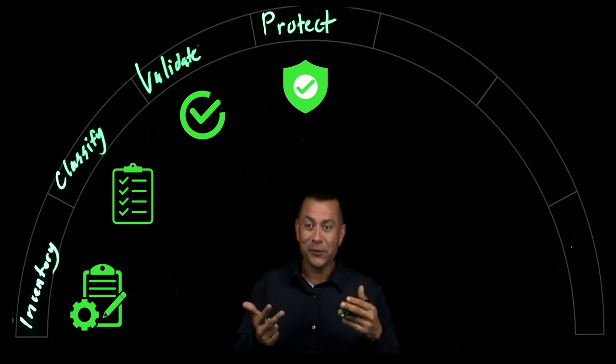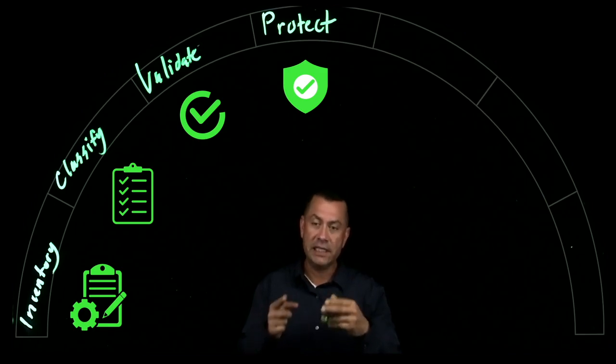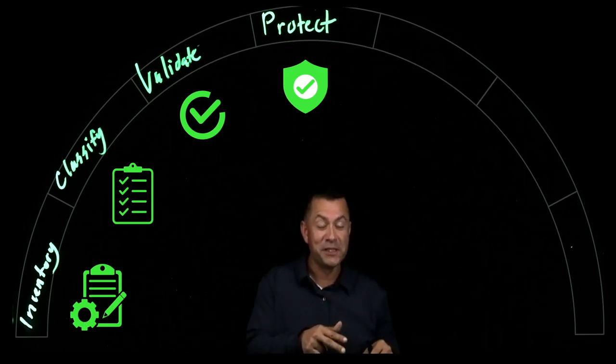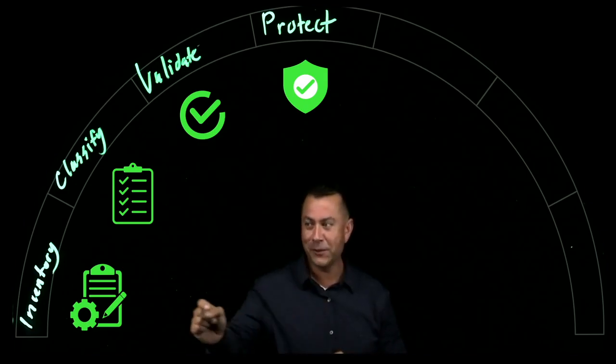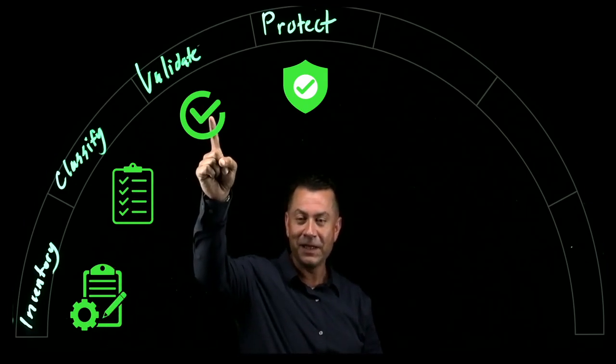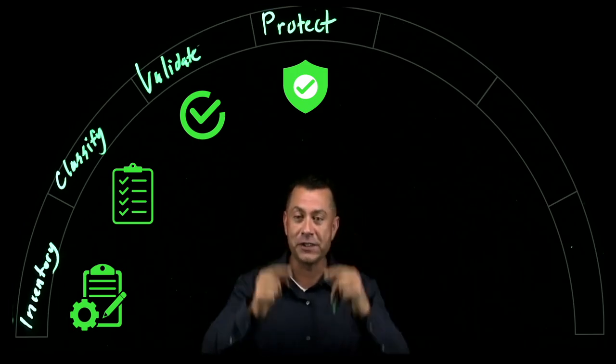If you're going through a data governance, data protection project, and you're starting with your DLP or your cloud app security, or maybe it's your cyber recovery solution, but you have not gone through the process to inventory, to classify, to validate, we don't have the insight we need to properly configure these controls.